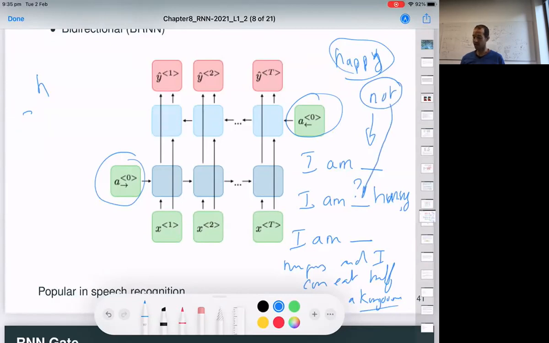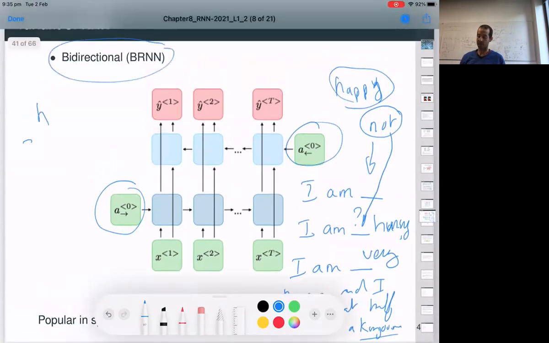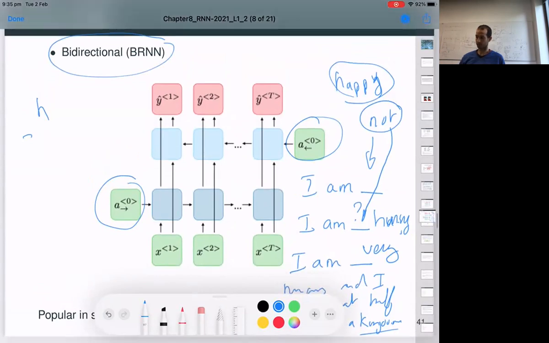By using all the information from the end of the sentence, you will maybe say, I am very hungry. So the idea of the bidirectional is to take some information from the beginning and also from the reverse side. Make sense? So this is a kind of architecture, the BRNN, which is very useful. You got it?